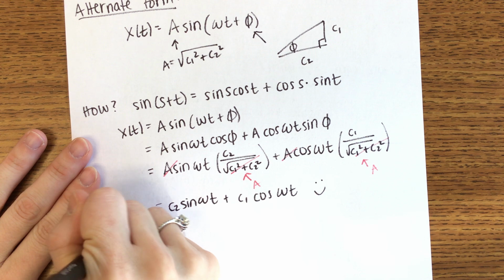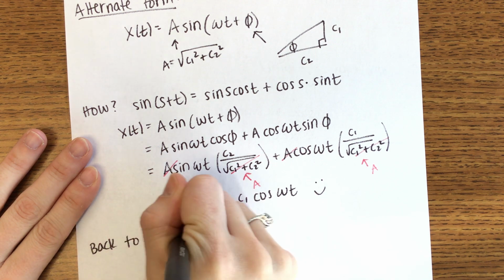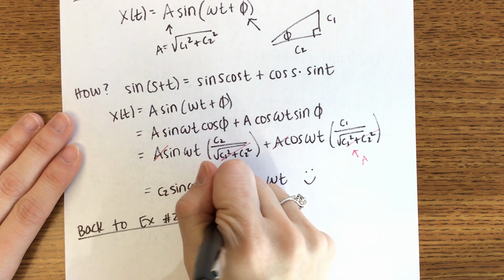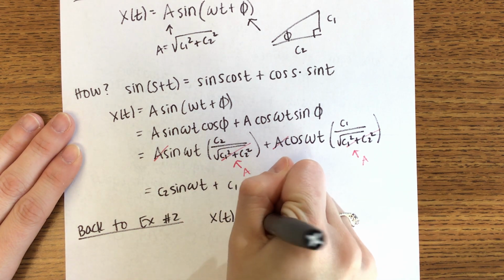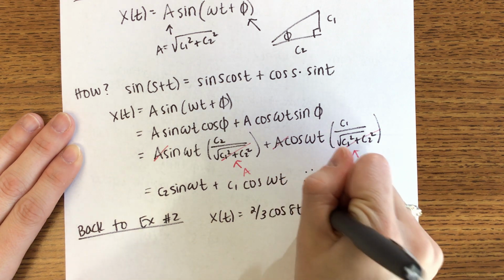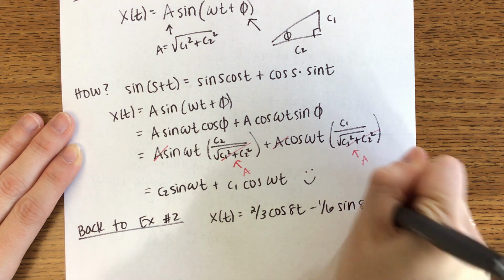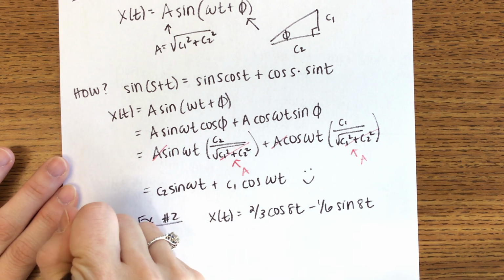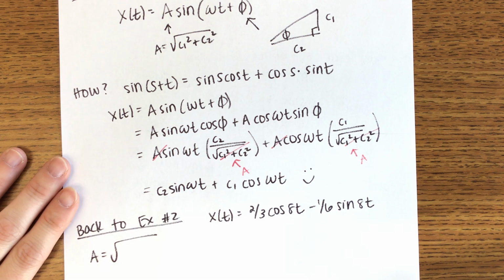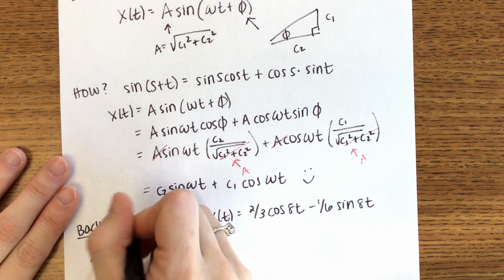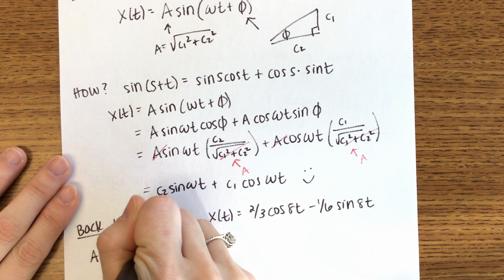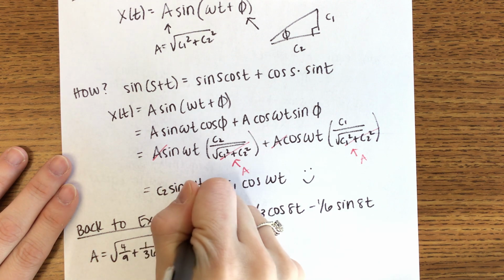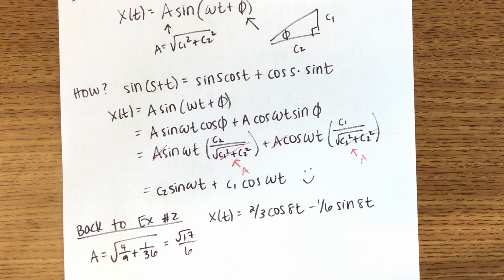Okay, so let's return to example 2. We're going to put it in the alternate form. So we had 2/3 cosine of 8t minus 1/6 sine of 8t. For our A, it's going to be the square root of c1 squared, so 2/3 squared is 4/9, plus 1 over 36, which is root 17 over 6.